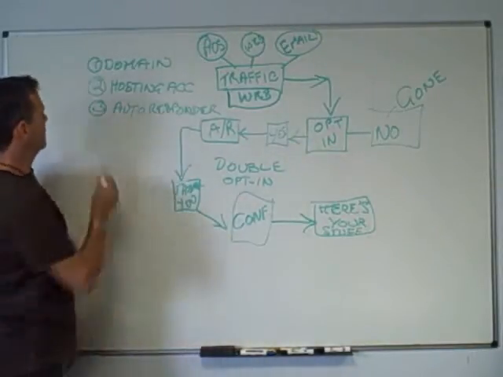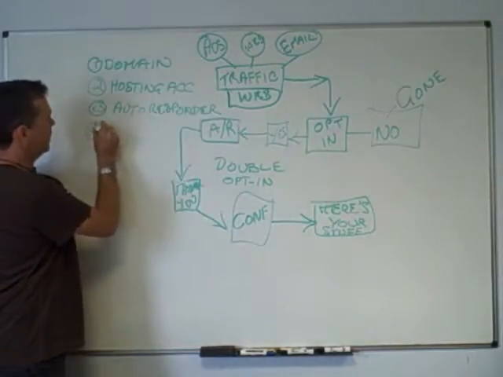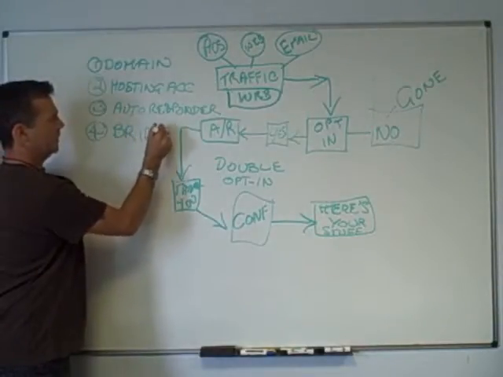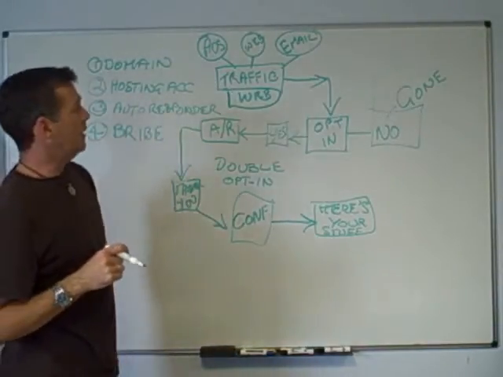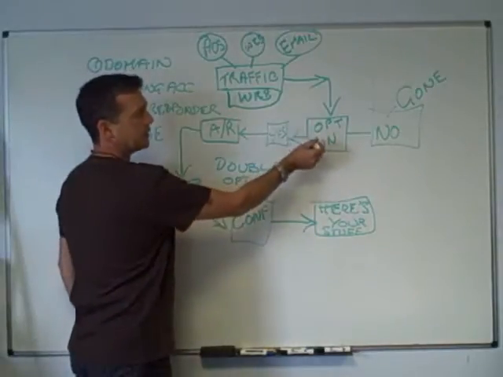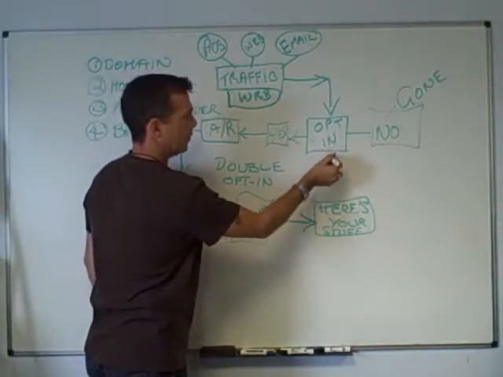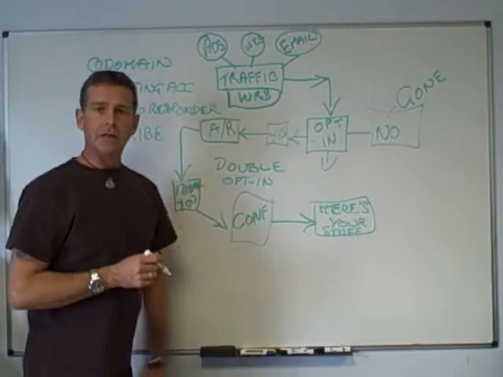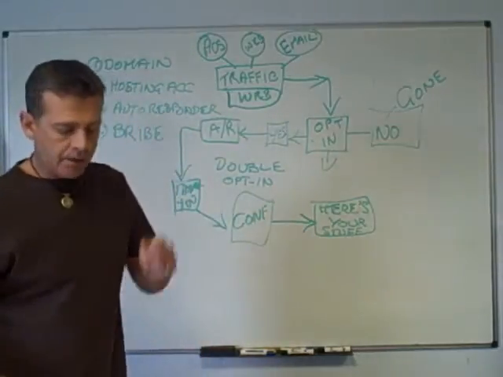Fourth thing you're going to need on there is a bribe. And we discussed bribes in the last one, so dig that video out, have a quick look again, but basically that's what's going on here, isn't it? We've got the opt-in form, so they sign that and they get a bribe, which is down here. Okay, so here's your stuff.